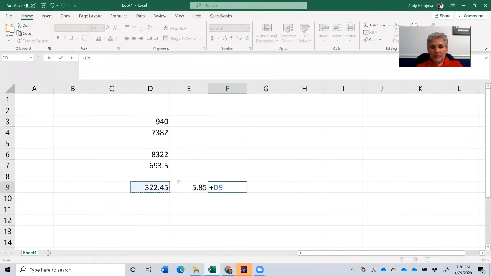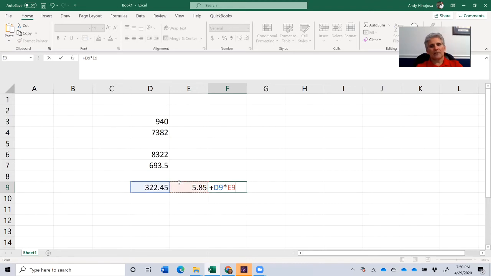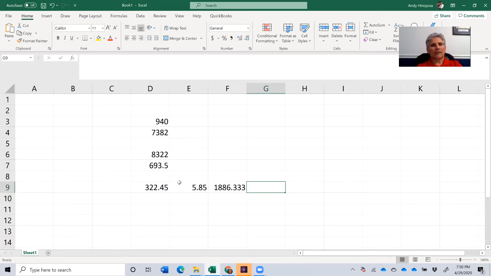So just the loan itself is going to cost $1,886.33 per month. That's the monthly payment.